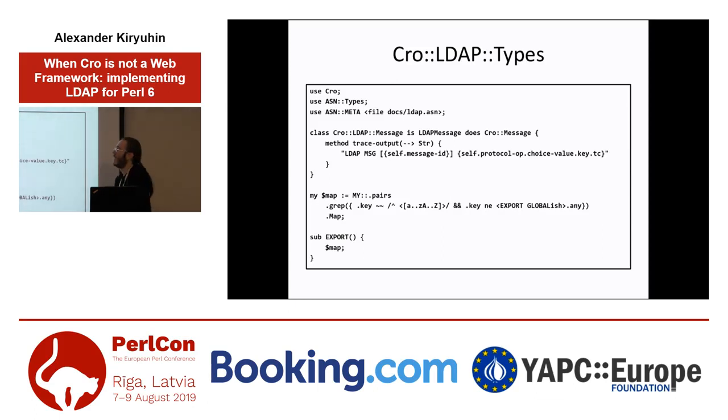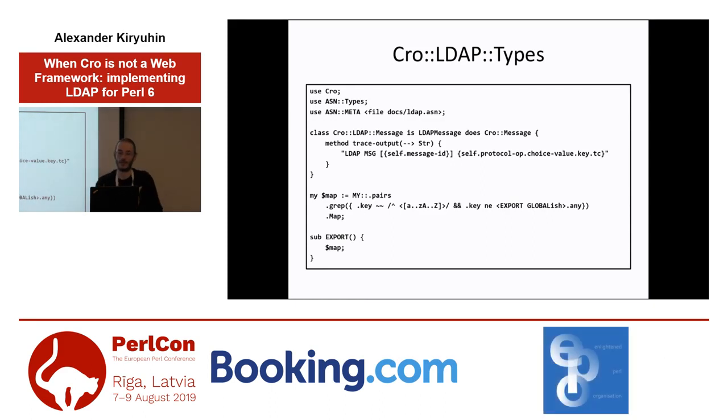And then we define a Cro-LDAP message class just to override a single method to have a bit nicer output in logs. And then, because imports in Perl 6 are lexical, it means that they are not transitive. I'm not sure if it is more clear, but still.